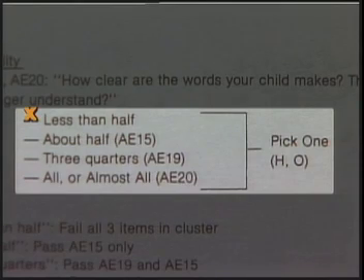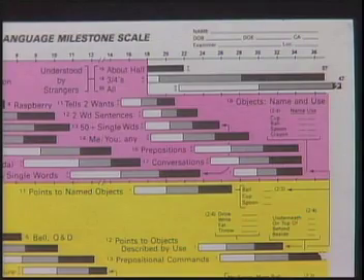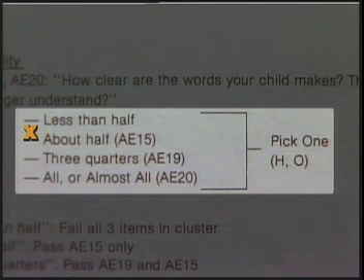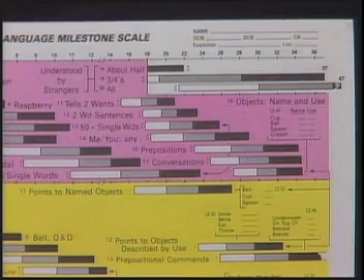If parents report that less than half of the child's speech can be understood by strangers, then the child fails all 3 items in the intelligibility cluster. If about half of the child's speech can be understood by strangers, then the child passes AE15 but fails AE19 and AE20.